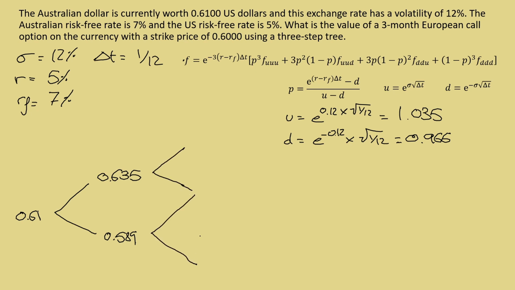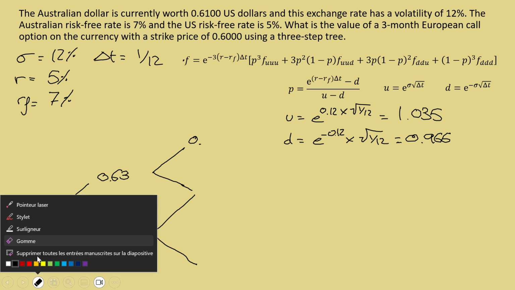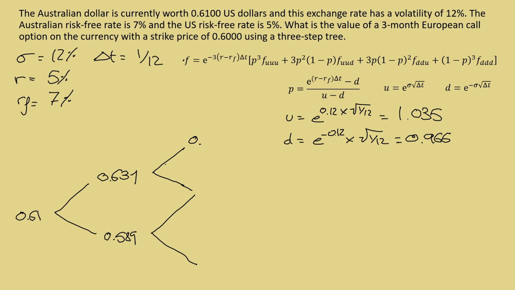Now because this is a 3-step tree, we keep going. This is a 2-step. Again, we do the same exact process. So 0.635 times U gives us 0.657.